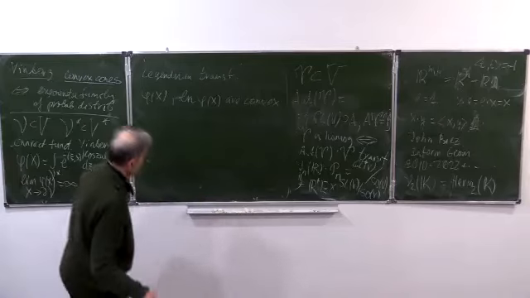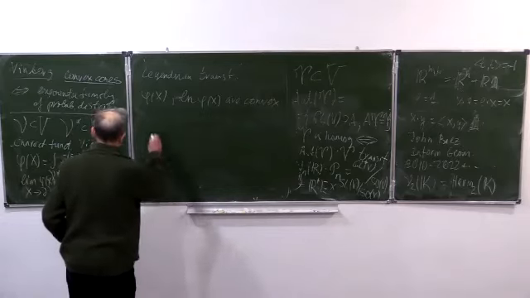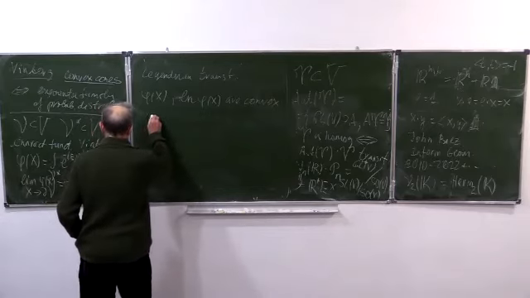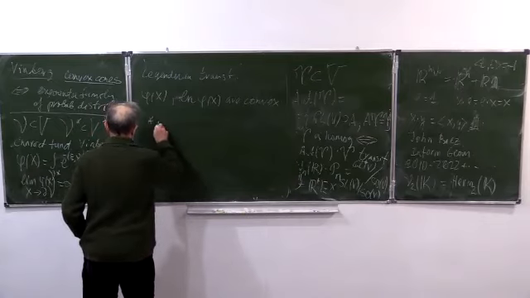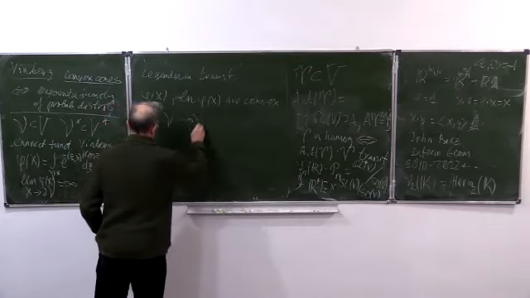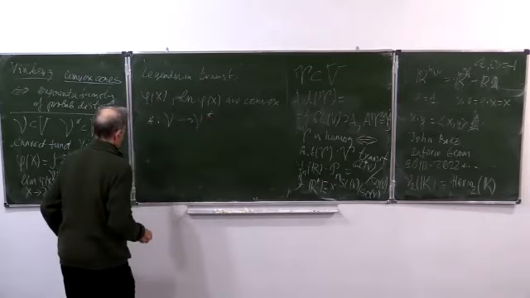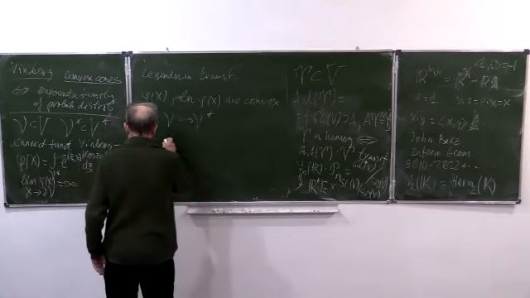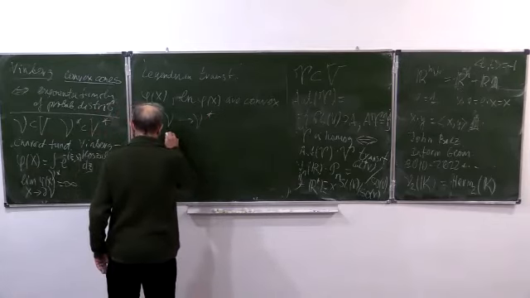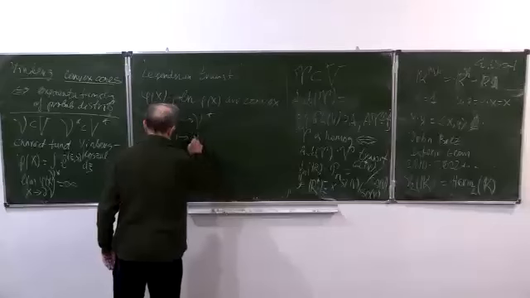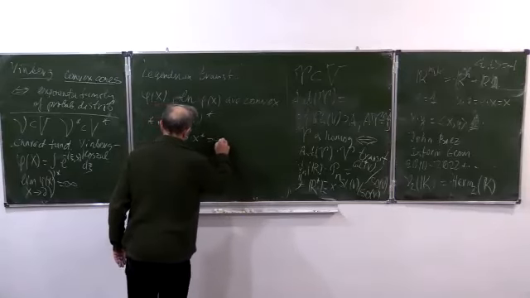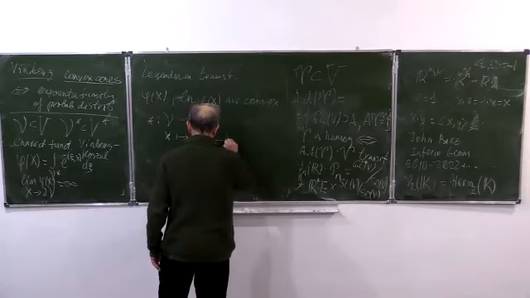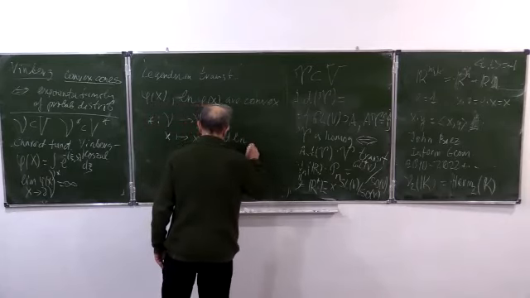Okay, and then we have some map star from V into V star, which in fact is the Legendre transformation. It associates to X from V the element X star, which is minus d ln of phi.